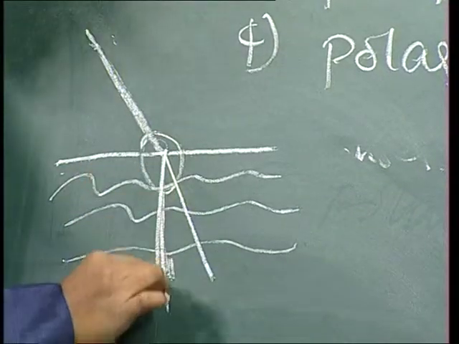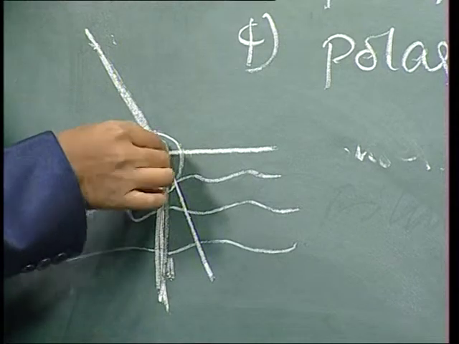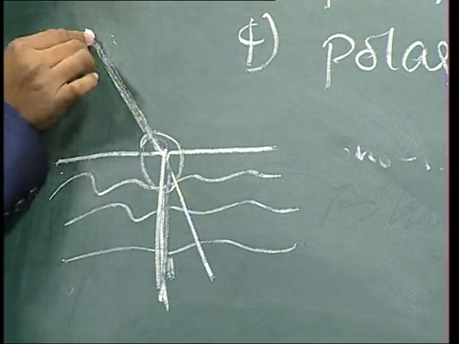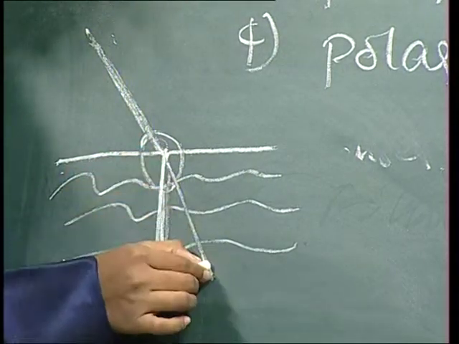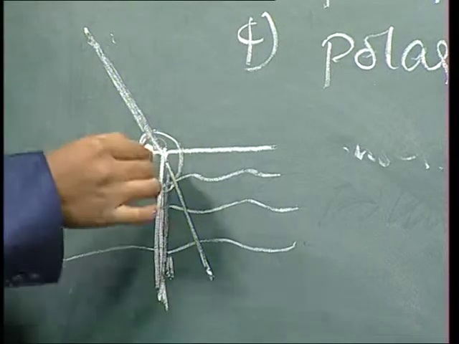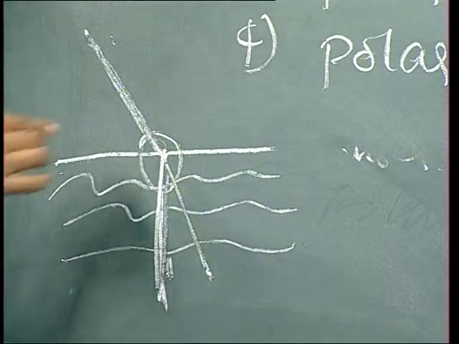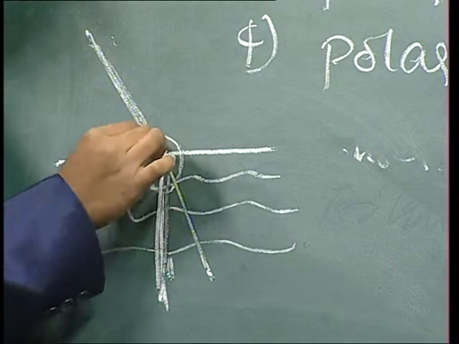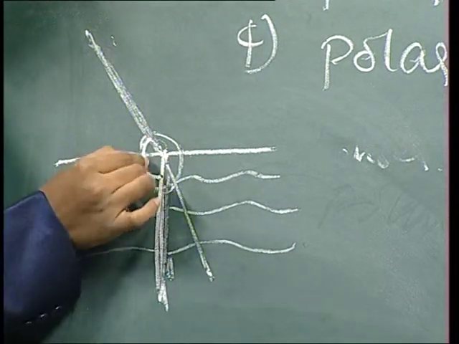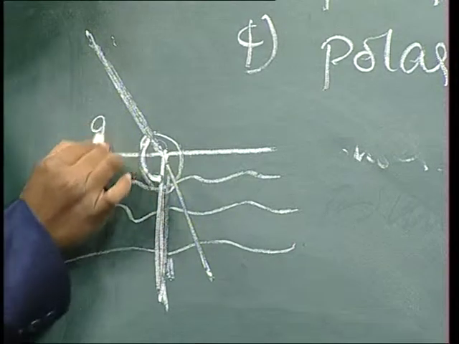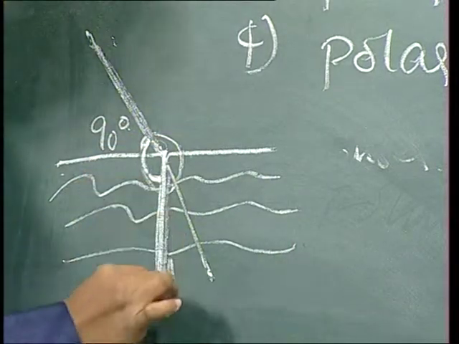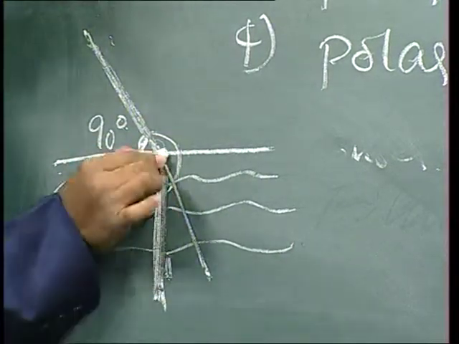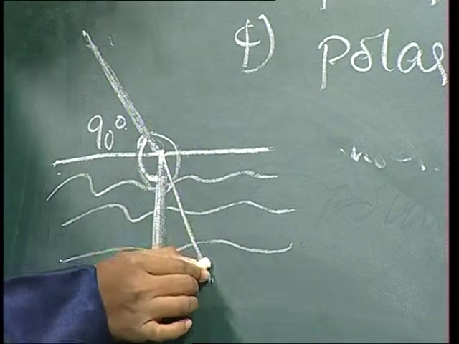One is exactly horizontal to this incident ray, whereas the other ray is a little bit less than the angle of the original ray. Where this angle is 90 degrees, this ray is said to be polarized, and this ray is said to be linearly polarized.